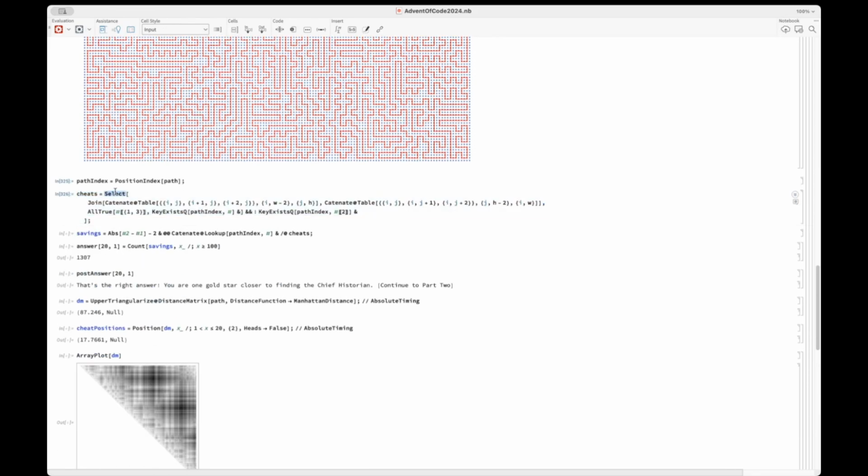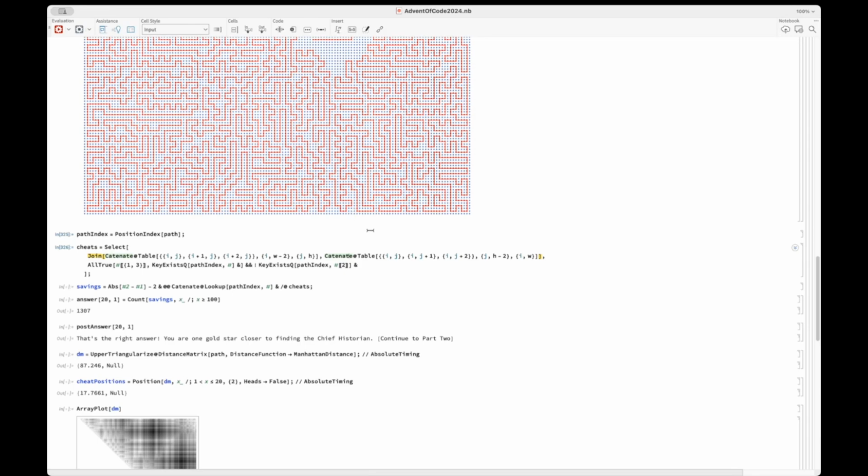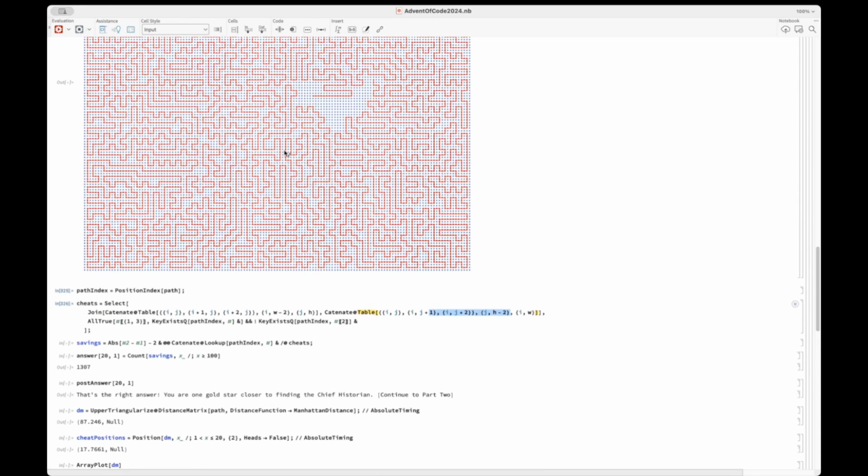This is me enumerating them in a straightforward way, because the first part allowed you to break only a single wall. Basically, it is equivalent to asking for all the straight lines of three vertices in this graph that connect two positions on the path.